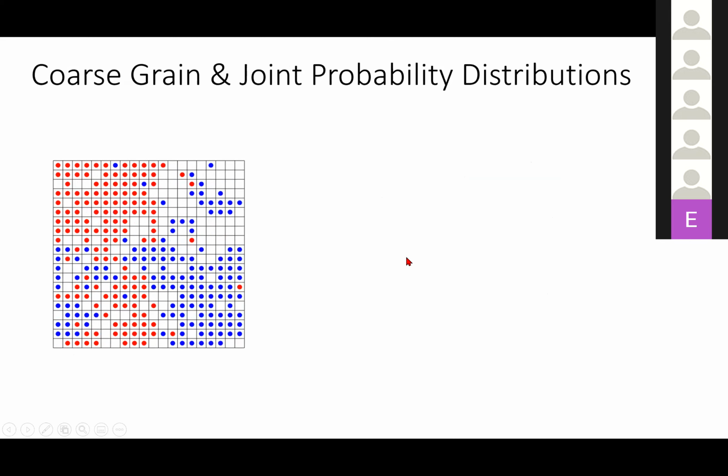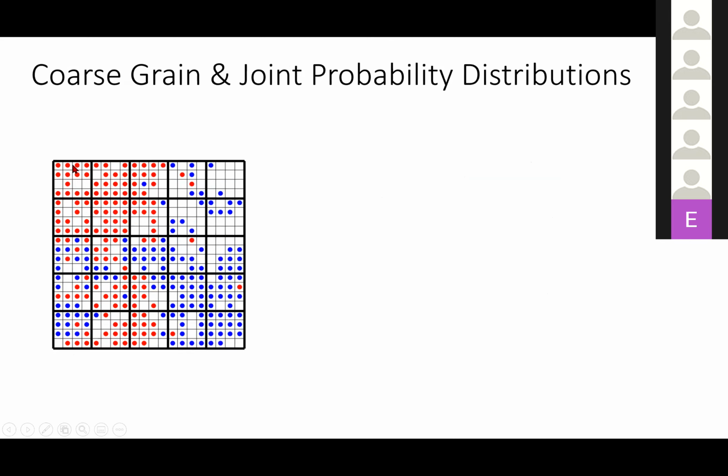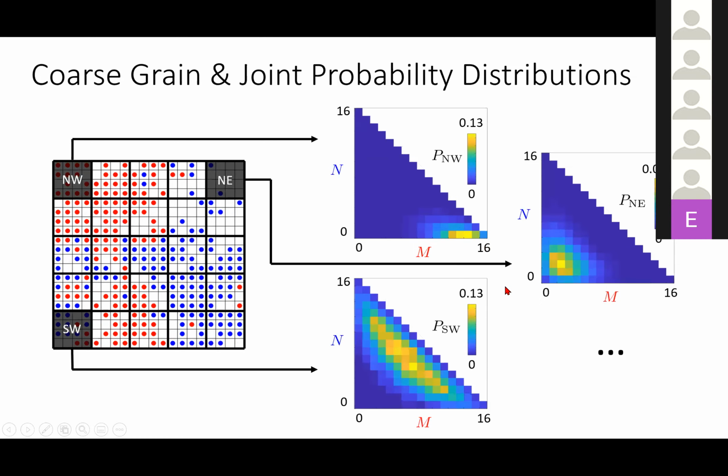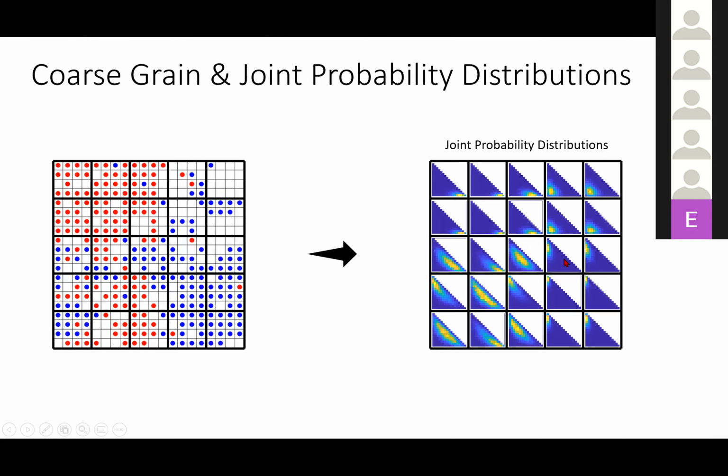Now we do the trick of coarse graining it into many blocks and watch the probability distributions. For instance, for this block, the probability distribution tells us that most of the time we see it filled with red people, but few blue people. Similarly, we get the distributions for the rest of the blocks, and there are 25 of them.